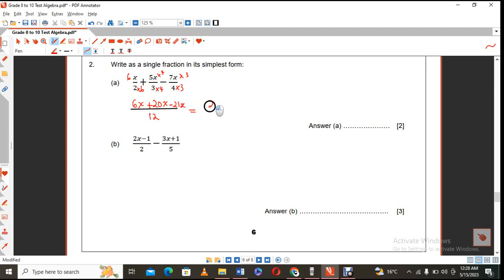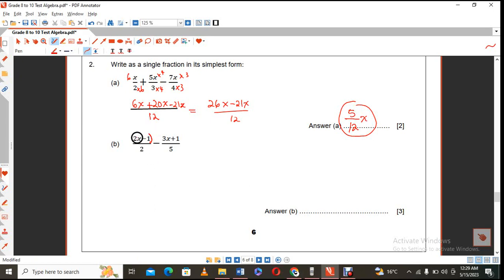So at the end of the day, you have 26x minus 21x all over 12, and this is simplifying too. In the simplest form, I can just write the answer in the answer space, which is 5x over 12.